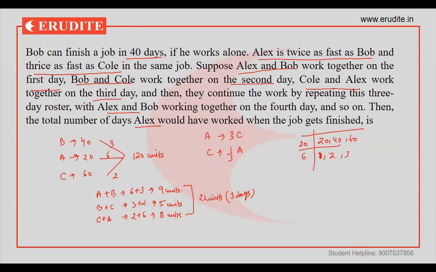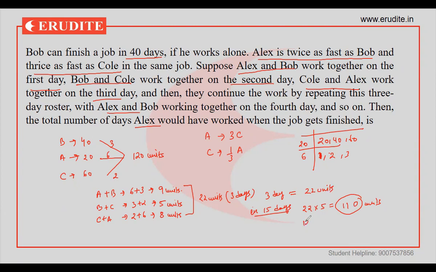In 3 days, 22 units are completed. So in 15 days, how much work is going to be completed? 22 into 5, means 110 units will be completed. Because if in 3 days 22 units are completed, in 15 days 110 units will be complete.